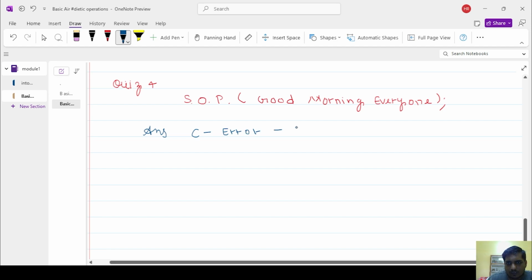Why error? Because a string or statement will be written in double inverted comma.